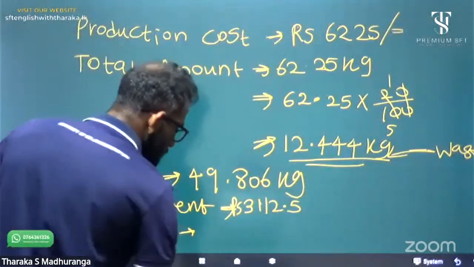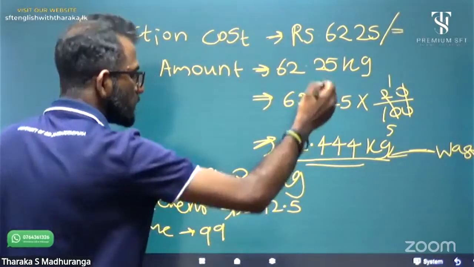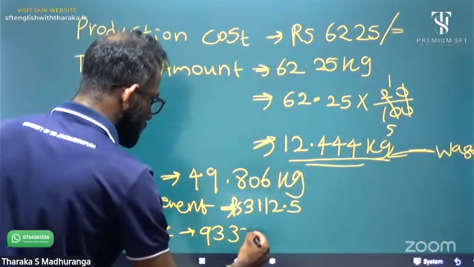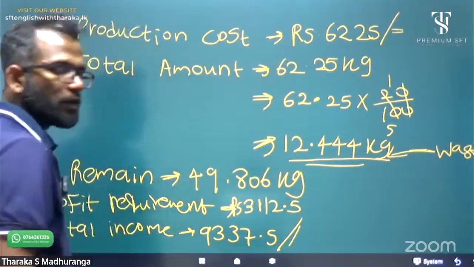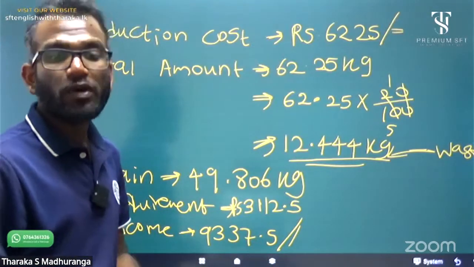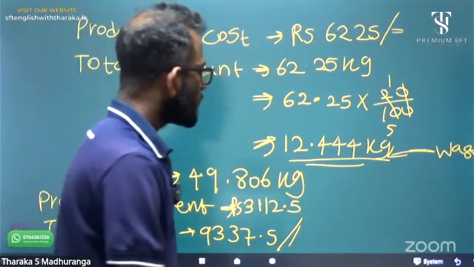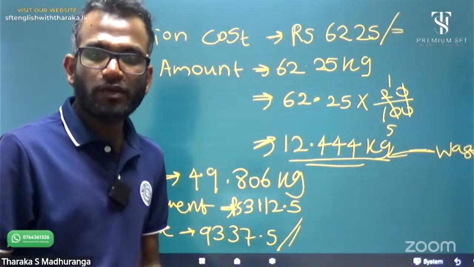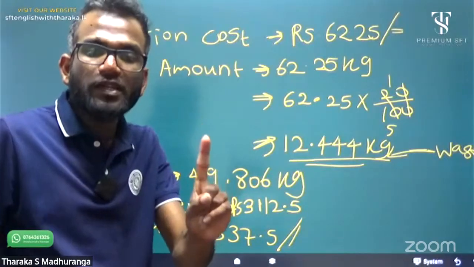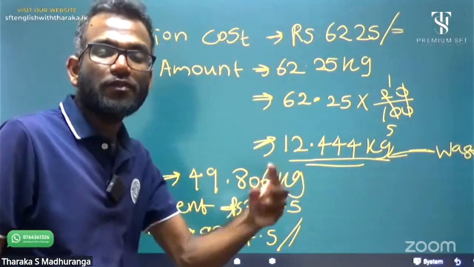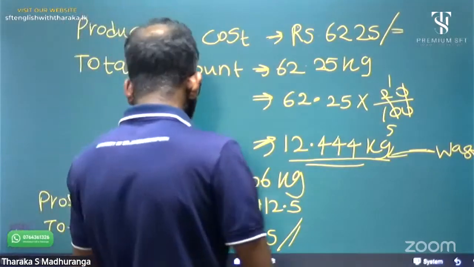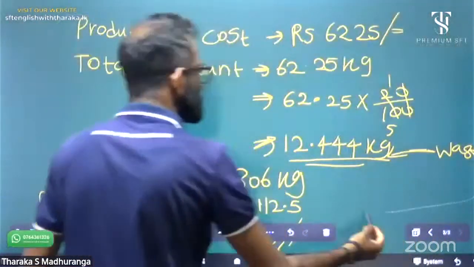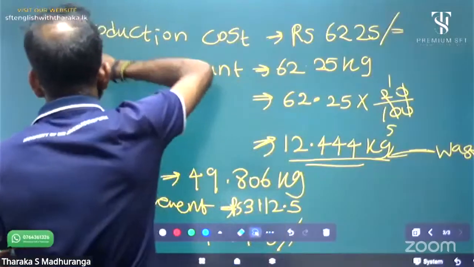It is 9,337.5. Okay, this is the total income requirement, but we have only 49.806 kilograms. Then the question asks for the price of 1 kilogram to get this profit. Then you can calculate the 1 kilogram price. Very simple, right? Only thinking.